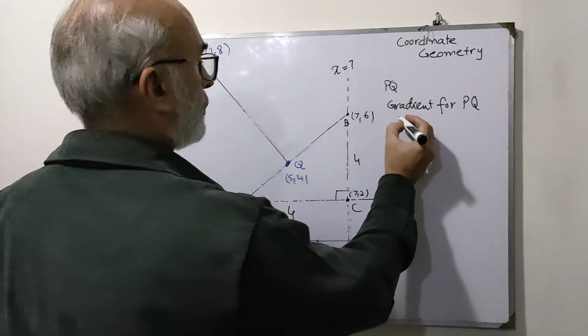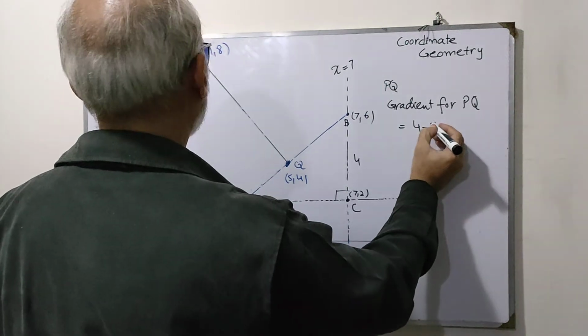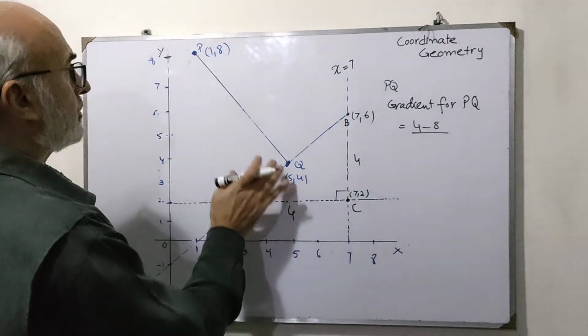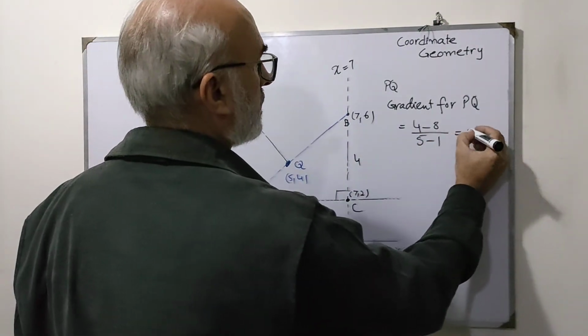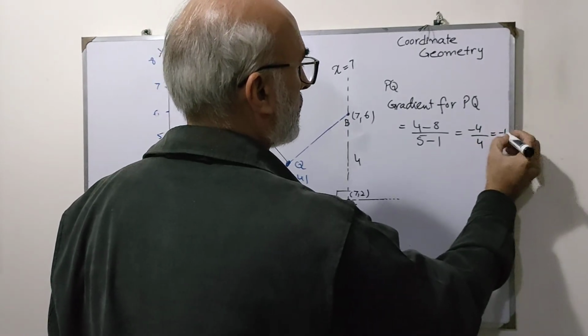So 4 minus 8, and then x2 minus x1, 5 minus 1, equals minus 4 over 4, which is minus 1.